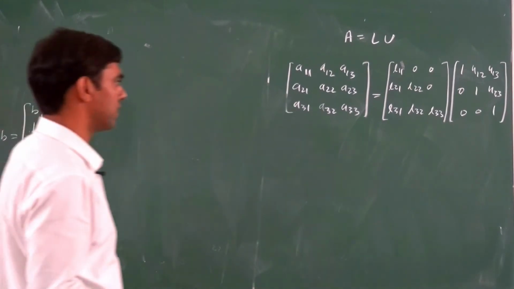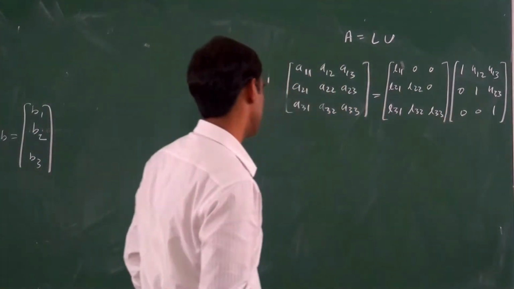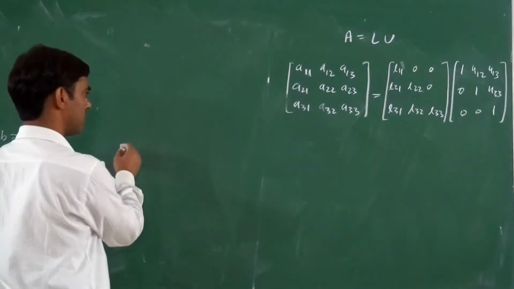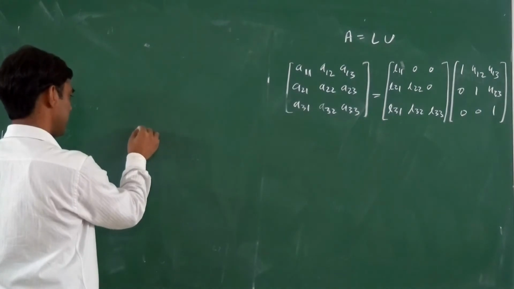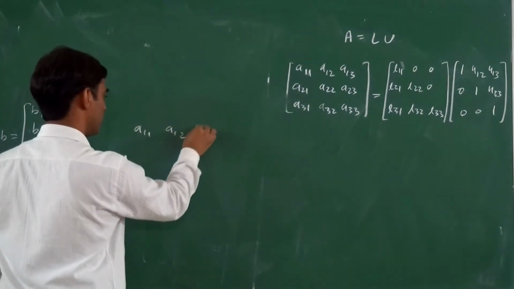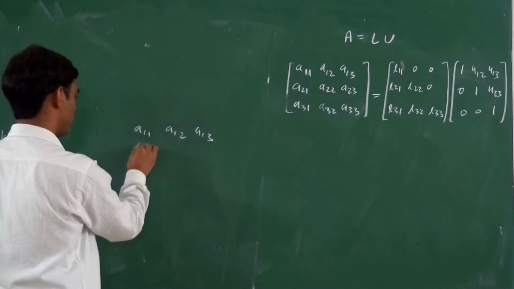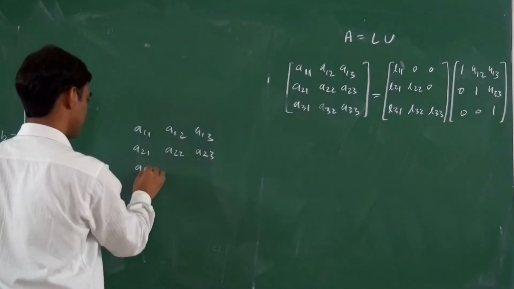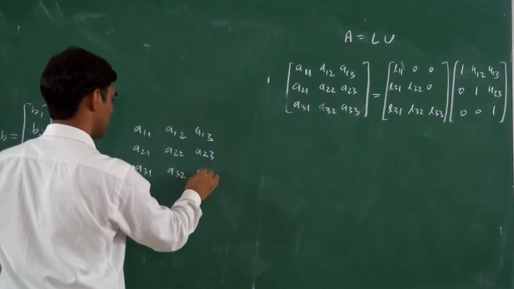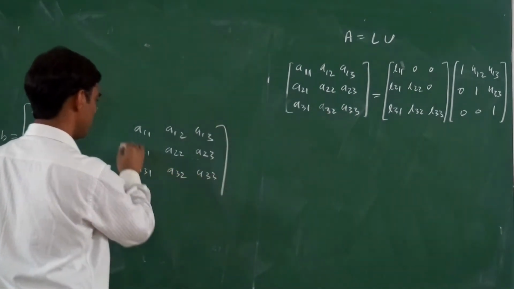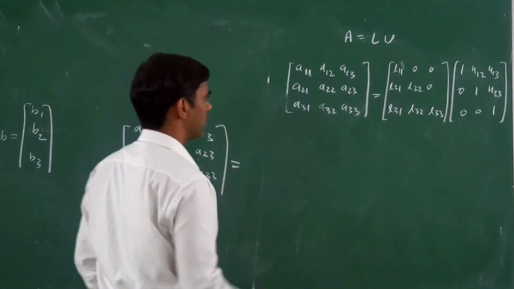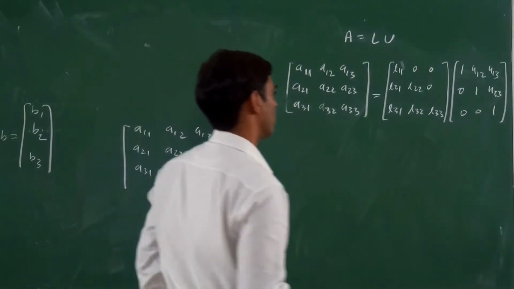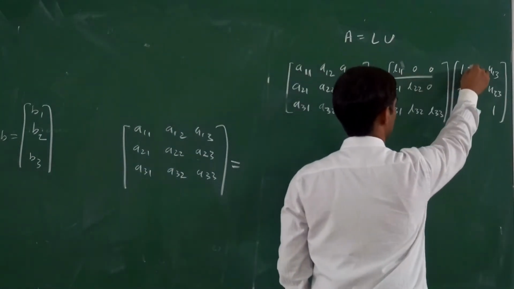If we multiply the lower triangular matrix by the upper triangular matrix, row by column, we multiply this row by this column.